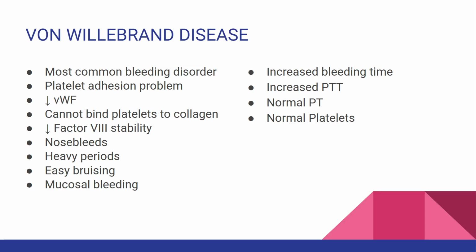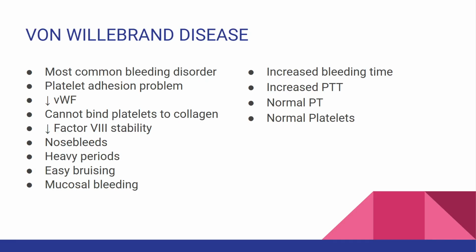So if you get a question where you have an 18-year-old girl who gets a lot of nosebleeds and has heavy periods, or the same girl with a history of bruising and excessive bleeding with tooth extraction, it's pointing to von Willebrand disease.